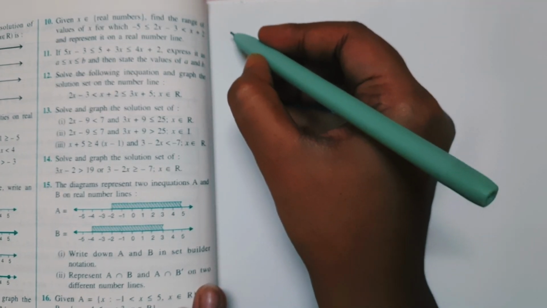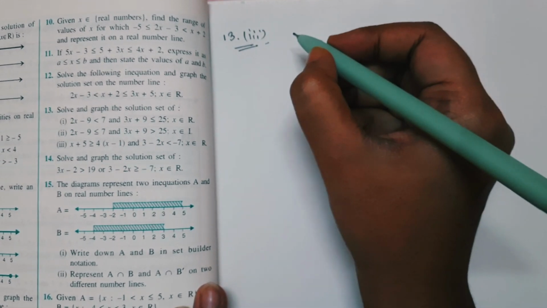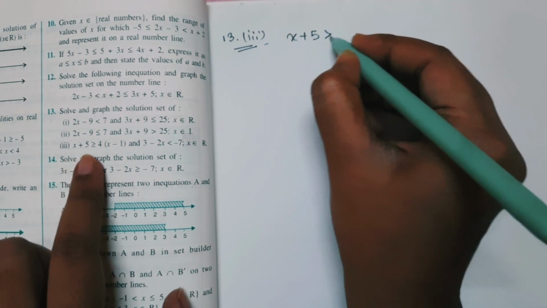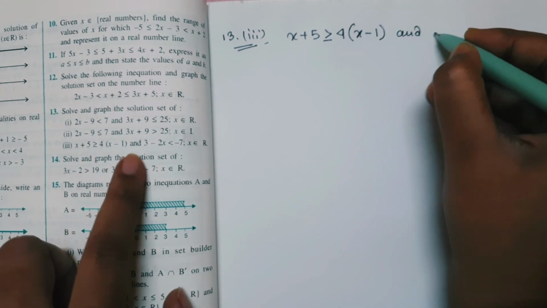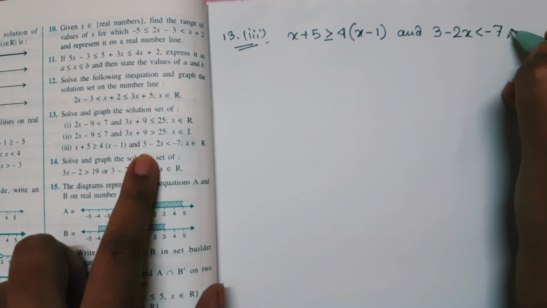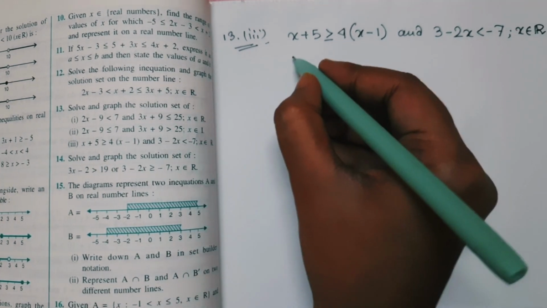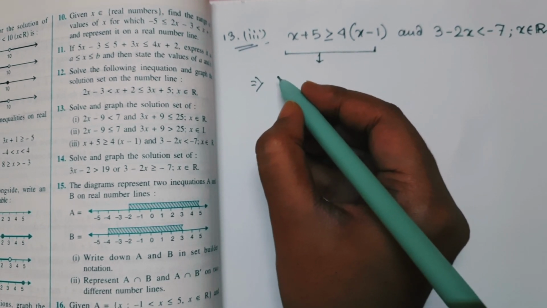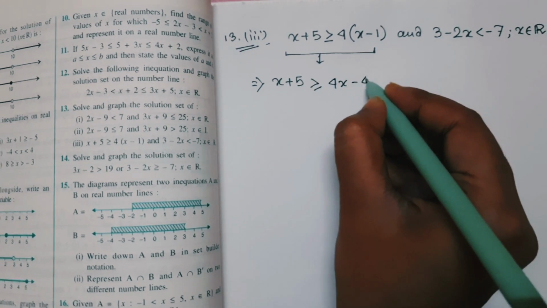Now question number 3 under 13. See the question, x plus 5 greater than or equal to 4 into x minus 1 and 3 minus 2x less than -7, x belongs to R. Now if we proceed this part, see, x plus 5, that is greater than or equal to 4x minus 4.